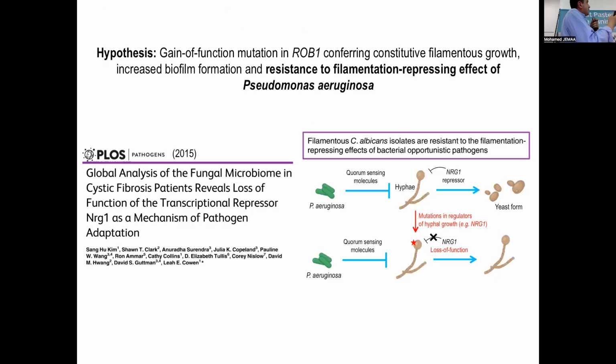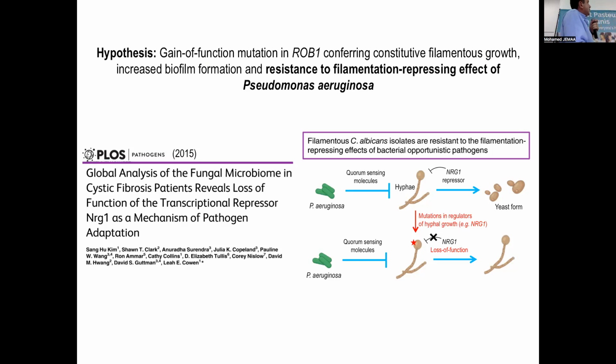So our hypothesis is that this is a gain of function mutation in the transcription factor called ROB1, which confers constitutive filamentous growth and increased biofilm formation, and that it resists the filamentation repression effect of Pseudomonas aeruginosa.